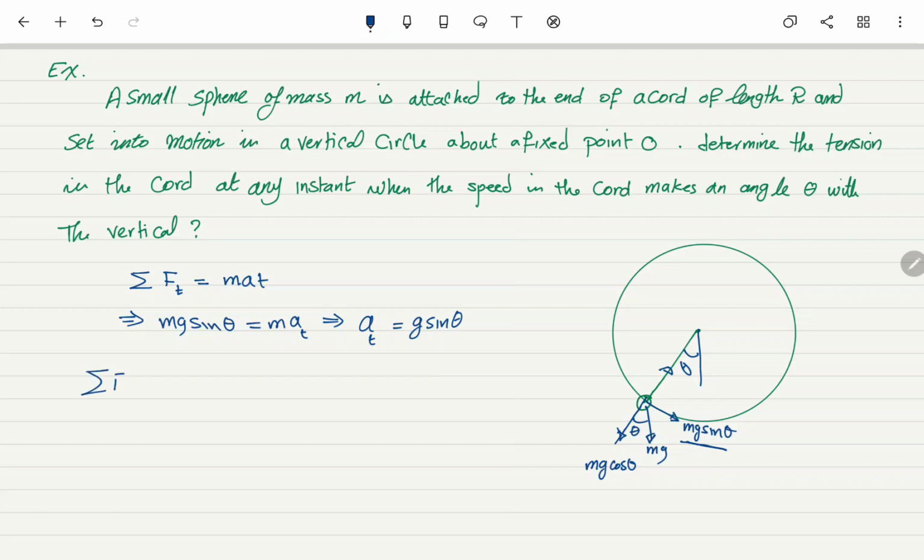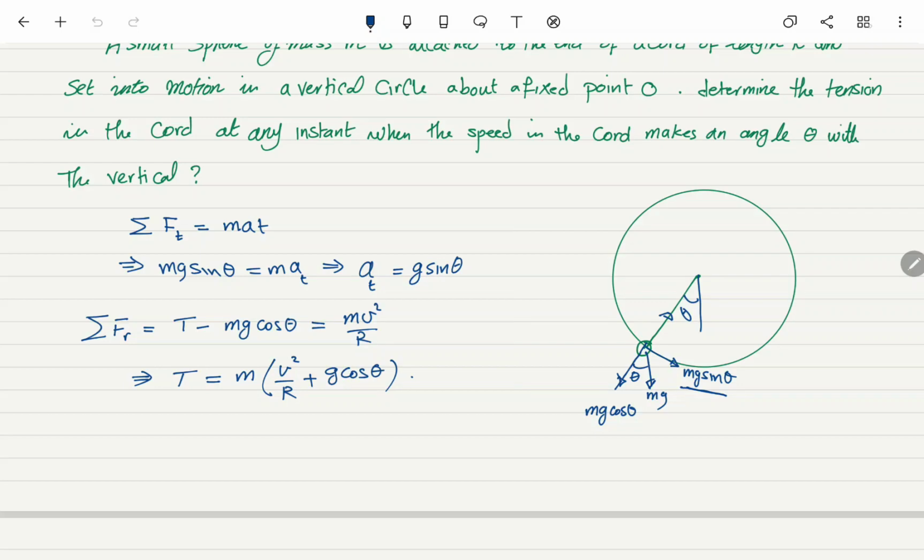Sum of all forces radial equals T minus mg cosine theta, which equals m v squared over r. Therefore, tension equals m times v squared over r plus g cosine theta. That's it. Thank you for watching.